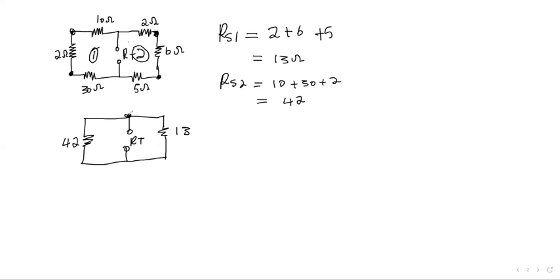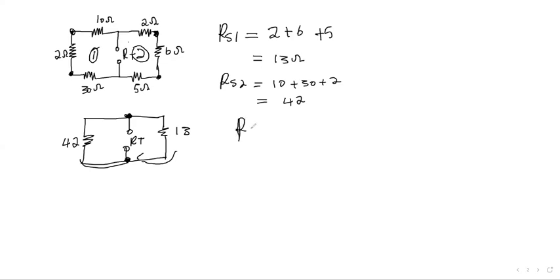Leg 1 of 42 ohm is connected with leg 1 of 13 ohm, and leg 2 of 42 ohm is connected with leg 2 of 13 ohm. So my resistors are connected at 2 points, and if they're connected at 2 points, the type of connection is parallel.